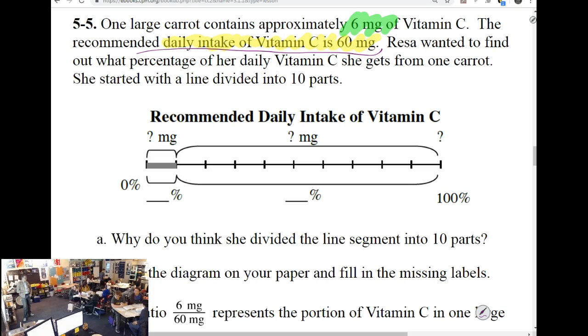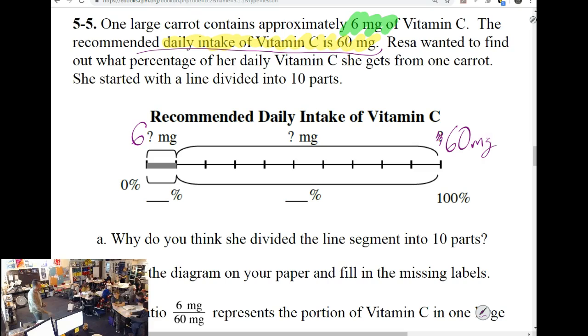Are we saying the 6 or the 60? The 6, yeah, the portion. So guys, right here, this question mark should be 6 milligrams, which out here, this question mark should be what? 60 milligrams. Please make sure you have those both labeled.